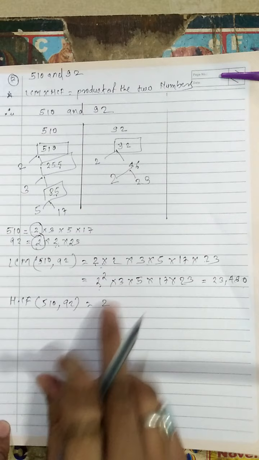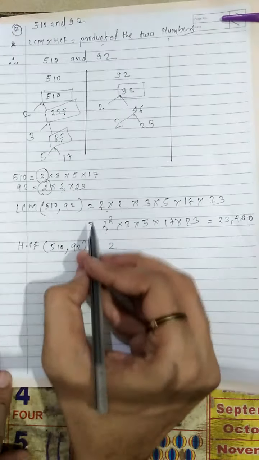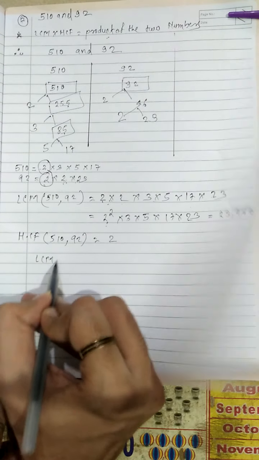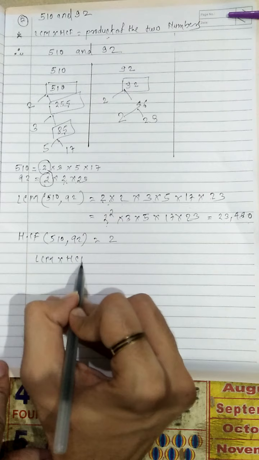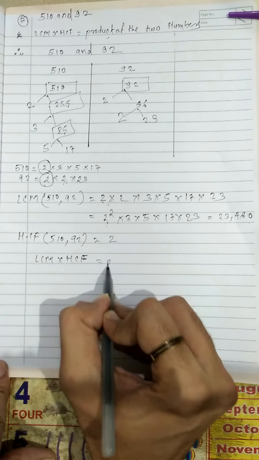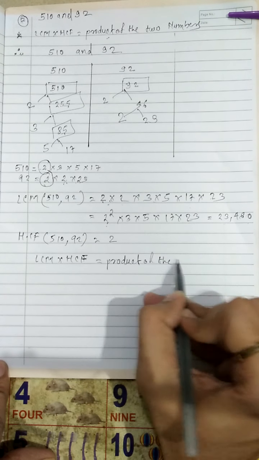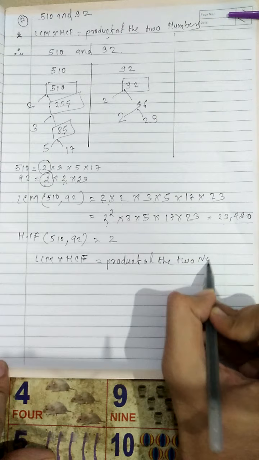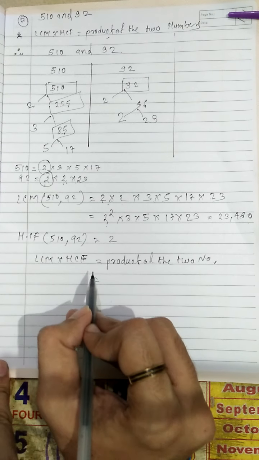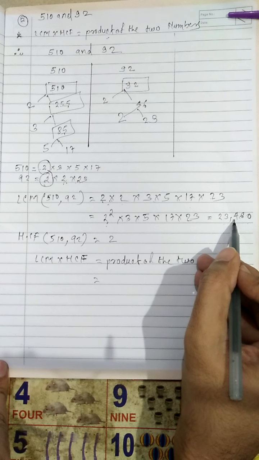Okay. Now the product of LCM and HCF. I am writing here the equation: LCM multiplied by HCF is equal to the product of the two numbers. What is LCM? 23,460.